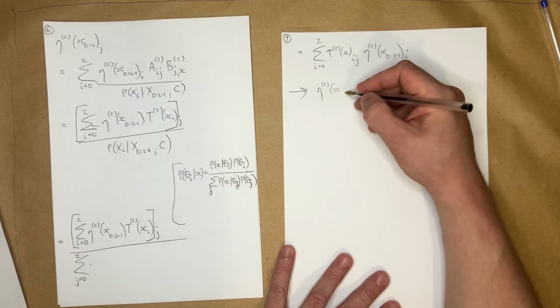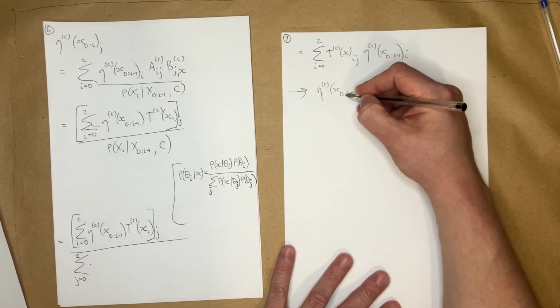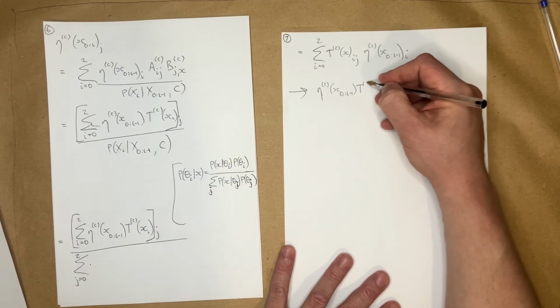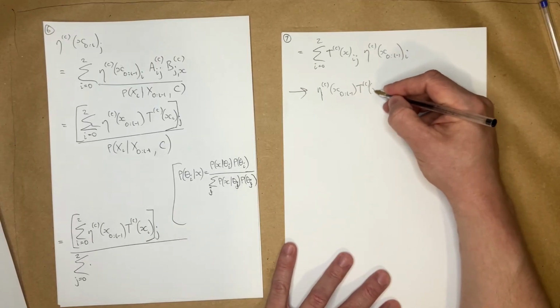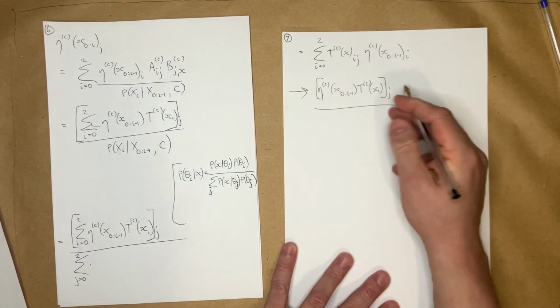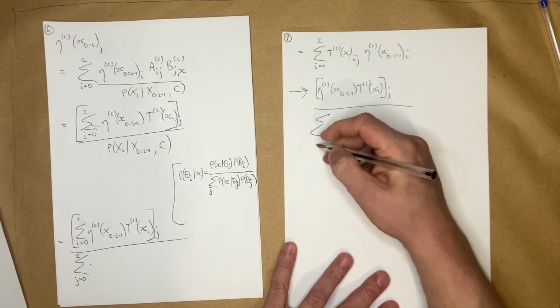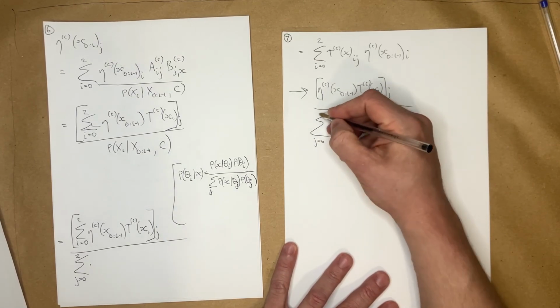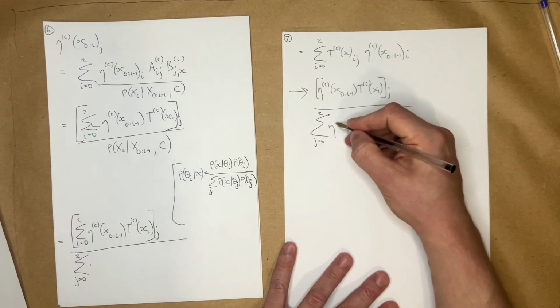L minus 1, T of C XL, and it has a J index, and I'm going to divide it by the numerator as per the Bayes' theorem expression.